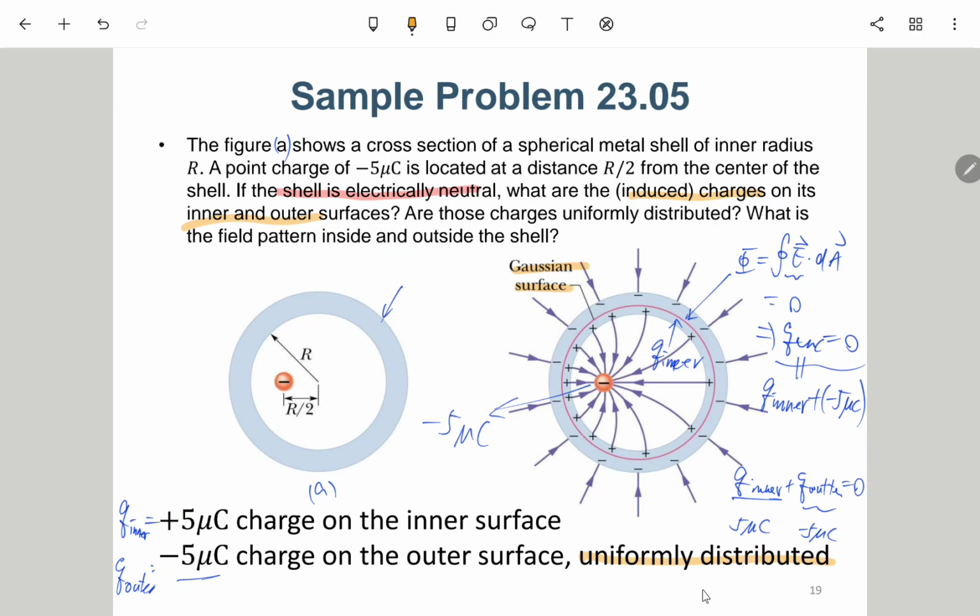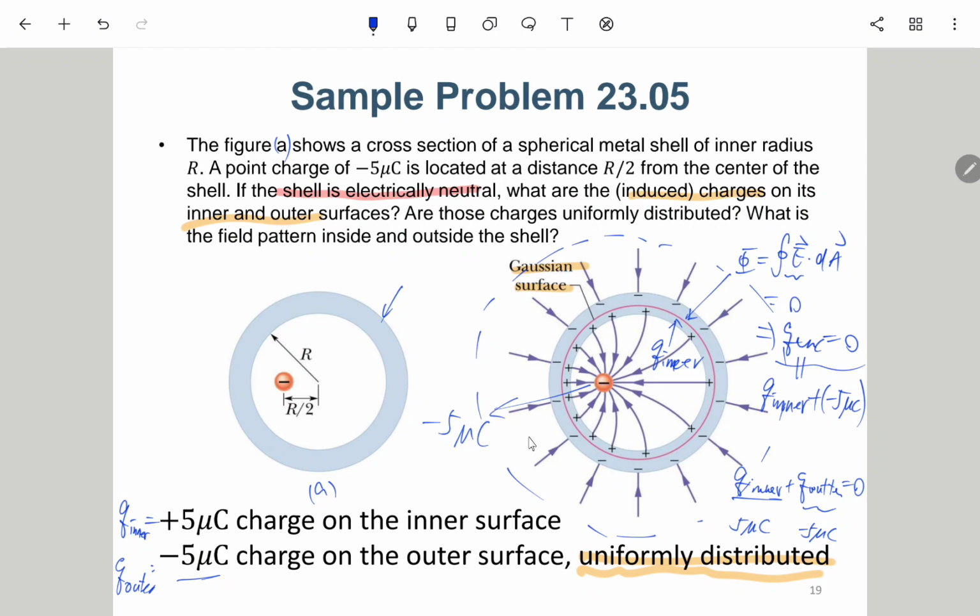For the outer surface, the charges being uniformly distributed is easier to understand, because when we apply Gauss's law, if we assume there is a Gaussian surface outside, there are totally -5 μC of charge, and we consider all the charge as somehow concentrated at the center, so it is like uniformly distributed.